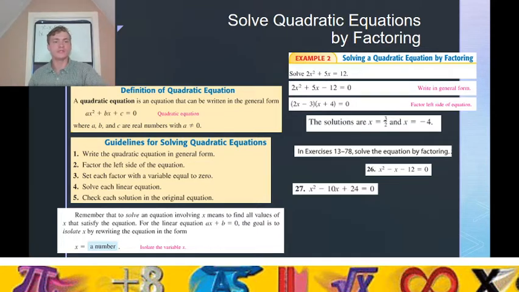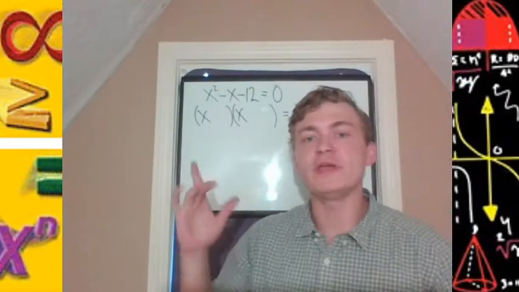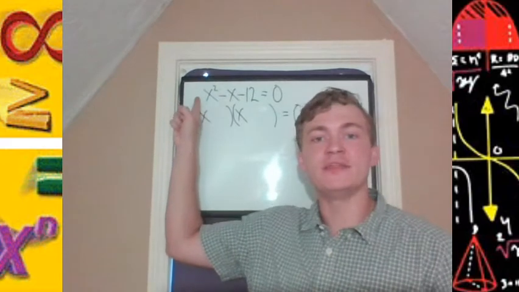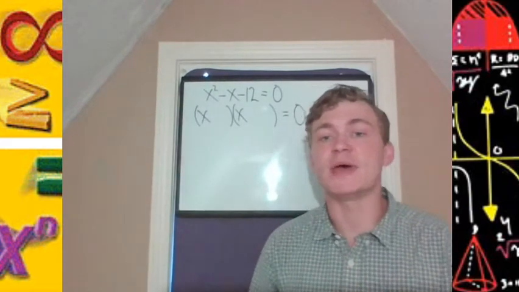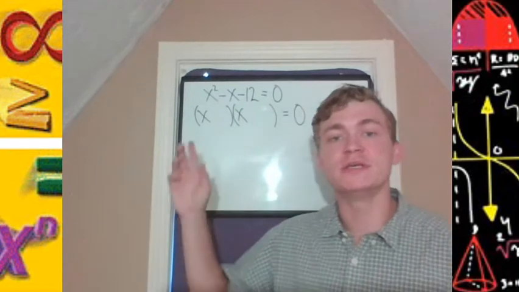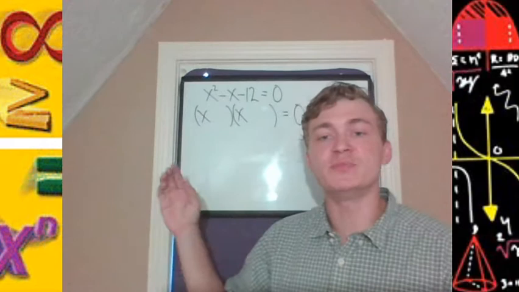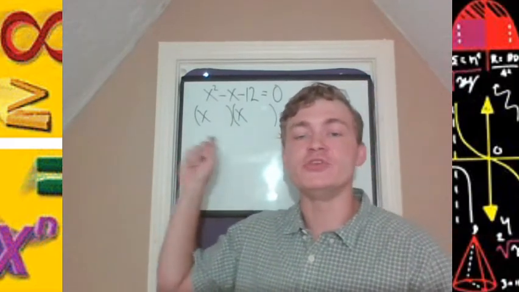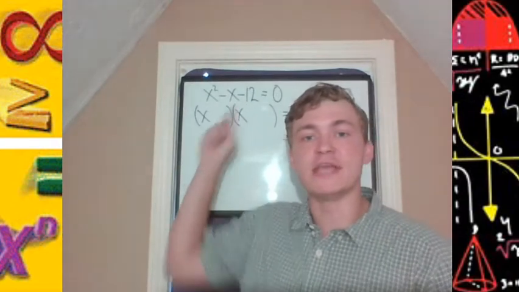Looking at number 26, x squared minus x minus 12 equal to 0, if we can factor this, note that this x squared doesn't have a number in front of it. It's understood to be 1. So this takes us back to section 2 of chapter 6. If that leading coefficient is a 1, just ask yourself this simple question: can we find two numbers that will multiply to give us -12?